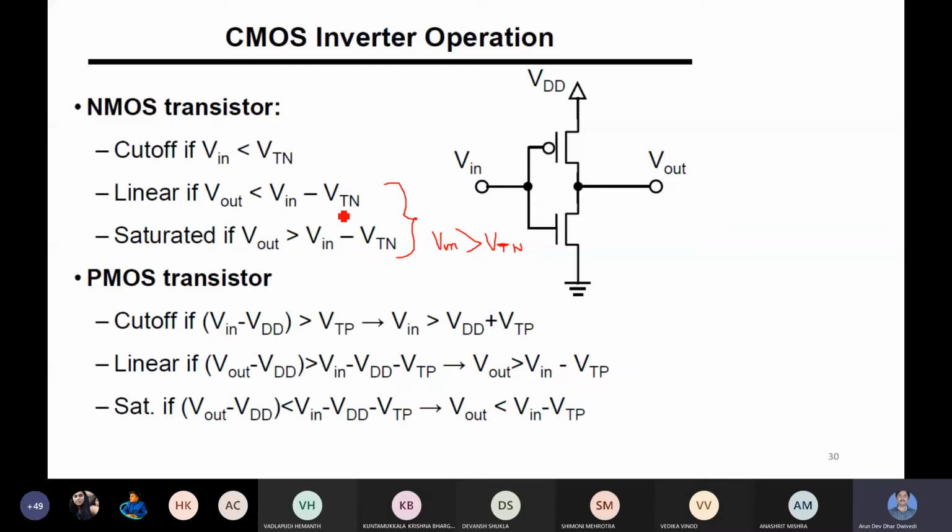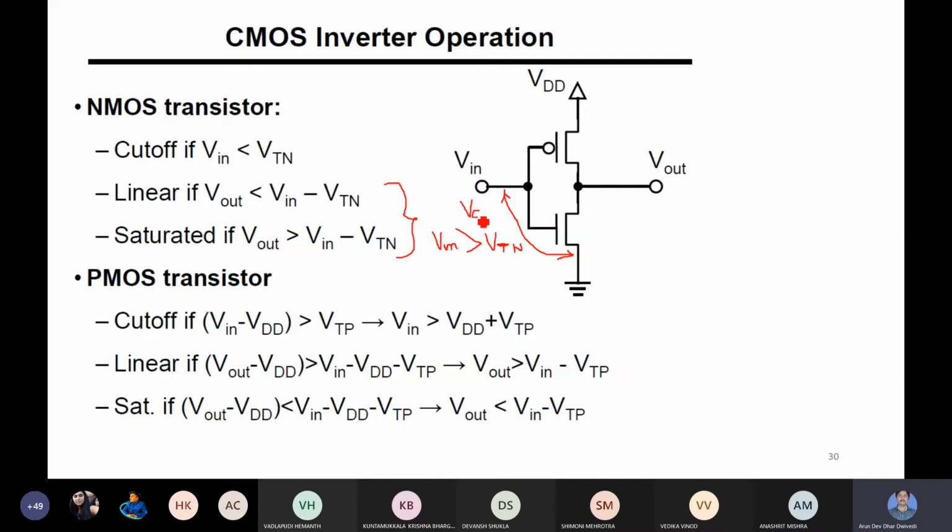We are writing VGS minus VT here. The same thing we are writing as V in minus VTN, because this is VGS. For NMOS I am giving the suffix n, so this one is VGSN, which is equal to V in.